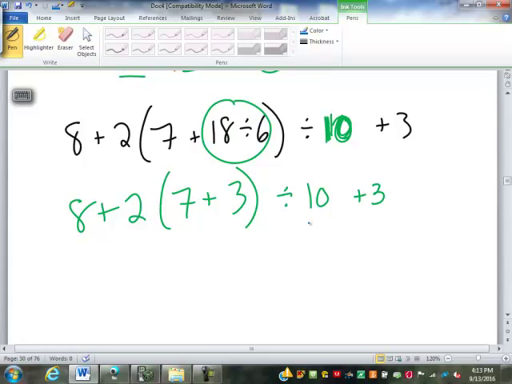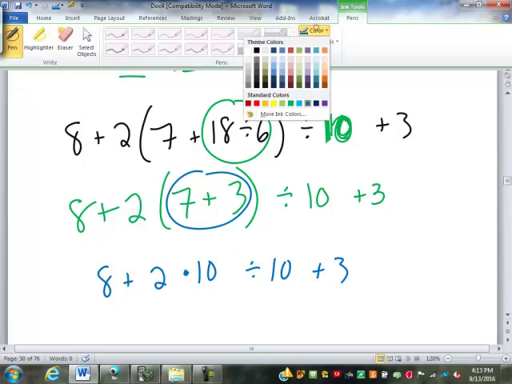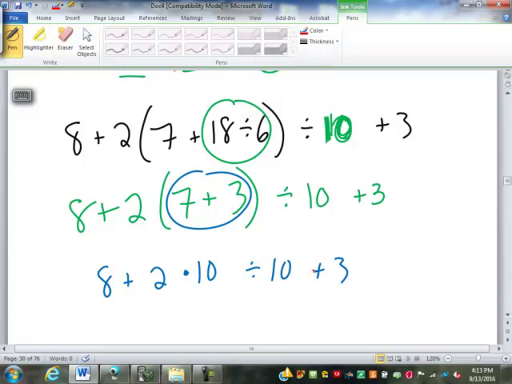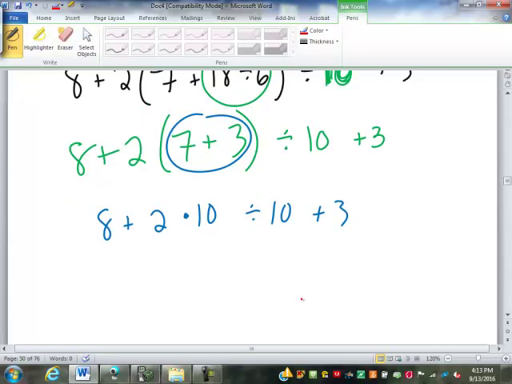So now what would we do next? 7 plus 3 is 10. I can take out the parentheses because that's a single number now, putting in my multiplication in front. Now do I do 10 divided by 10? No. I've got multiplication and division, so I do have to go left to right.